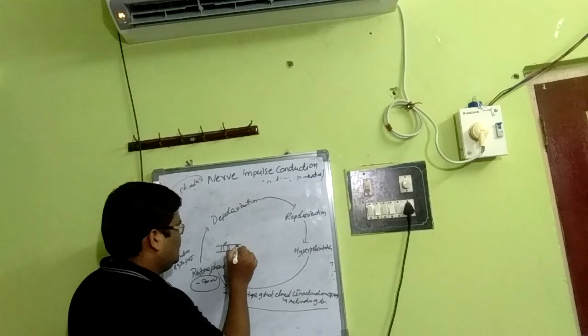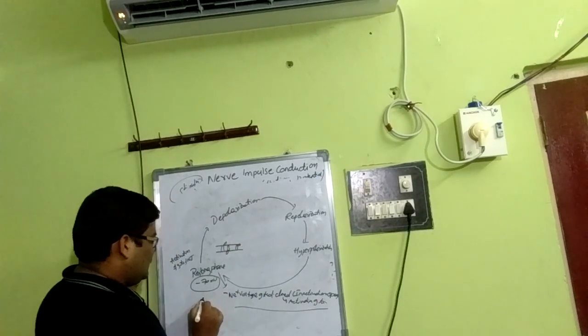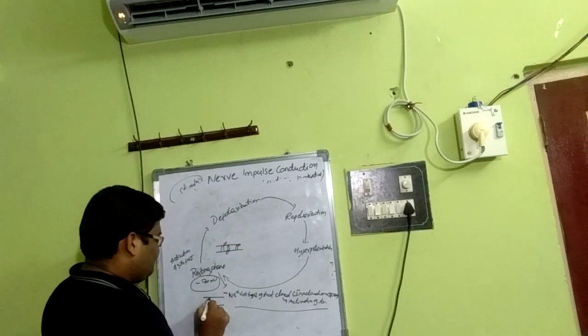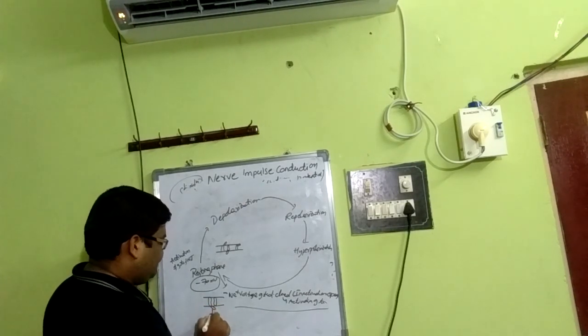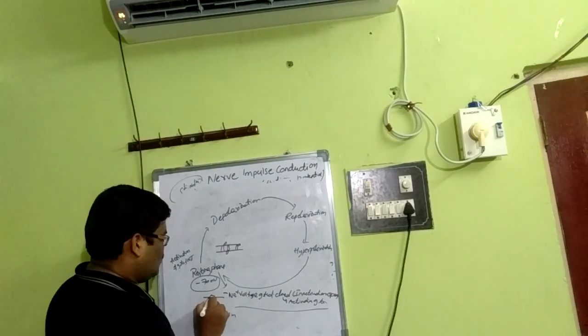And this is the potassium gated channel, still closed, and here it is different. The sodium gated channel, the potassium gated channel. Here it is the inactivation gate. This is the activation gate, this is closed, and this is the potassium gated channel, that is closed.